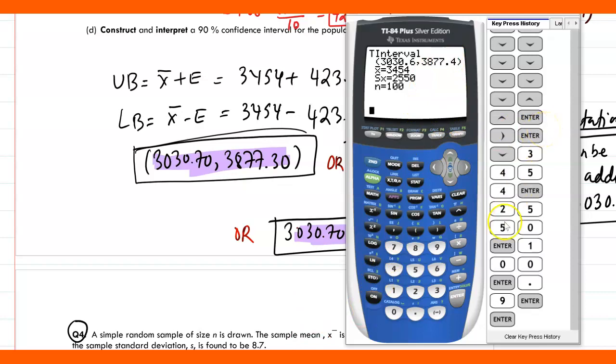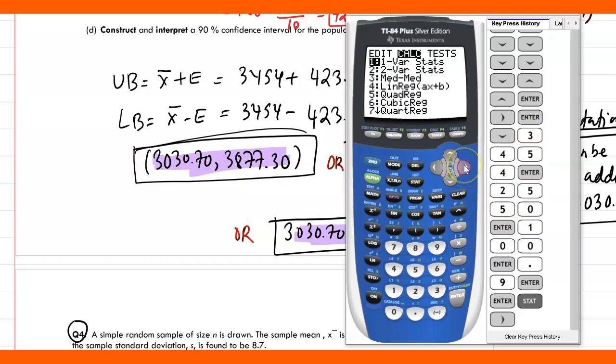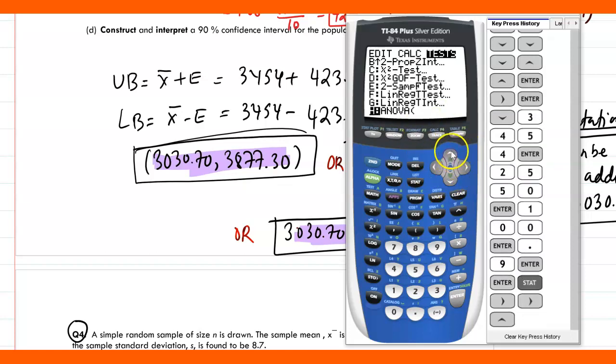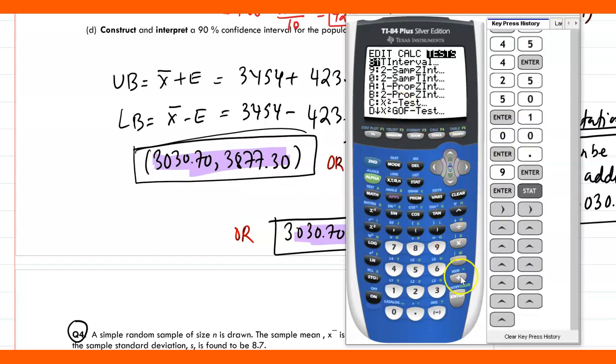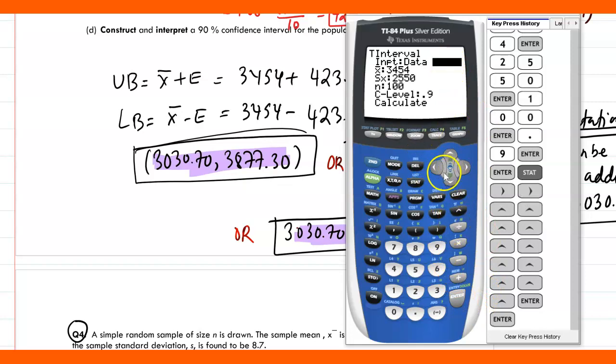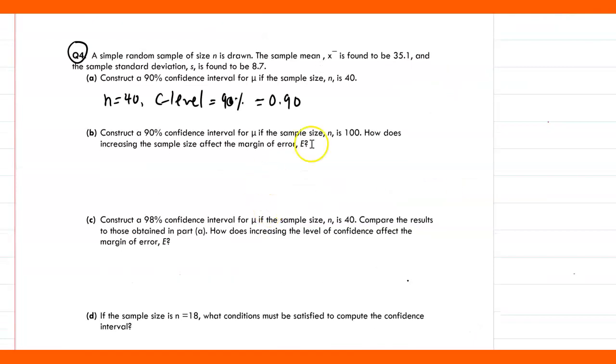On the calculator you press stat, click tests and find number 8, T interval. Choose stats. Then you put the X bar, which is 35.1.